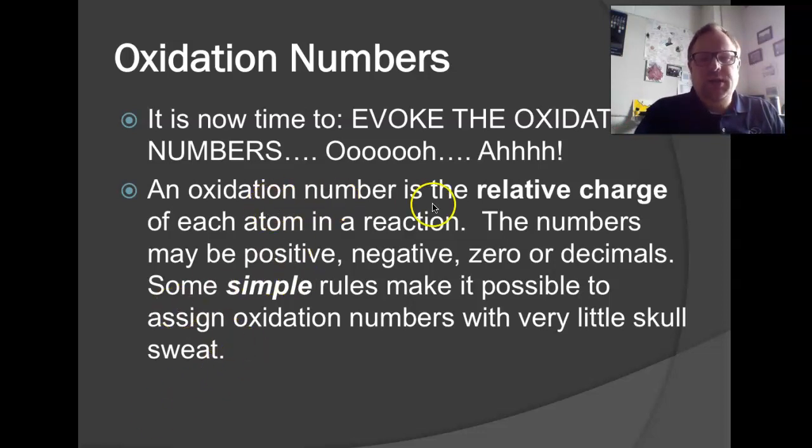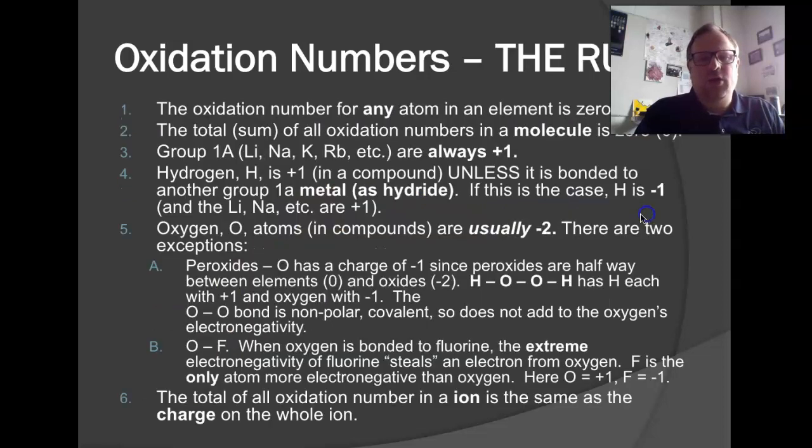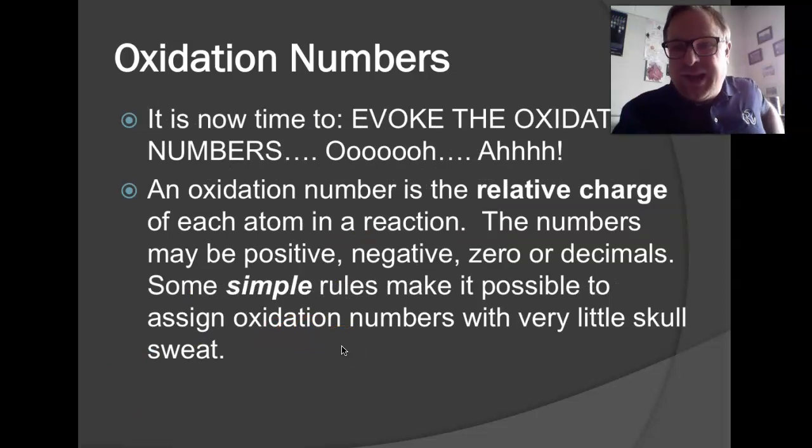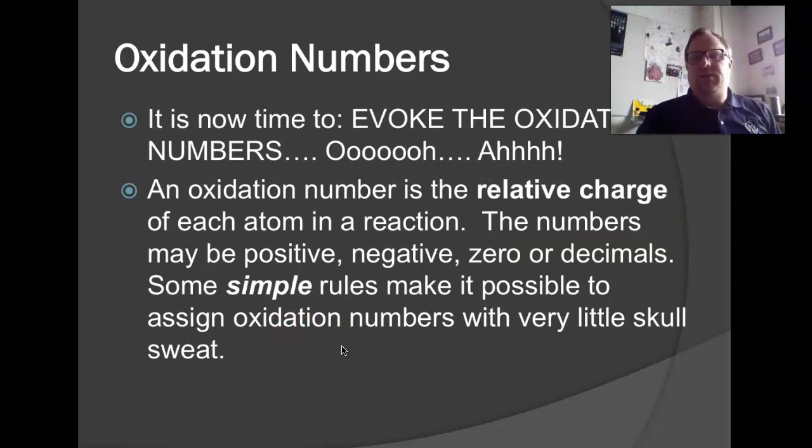An oxidation number is the relative charge of each atom in a reaction. The numbers can be positive, negative, zero, even decimals or fractions, depending on how you want to work with it.